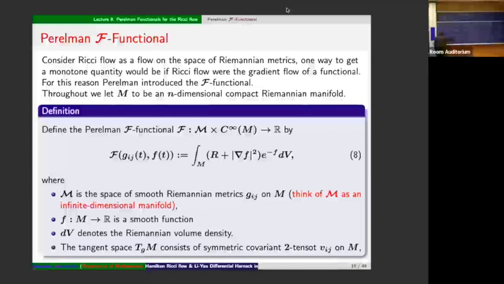Suppose u now solves the heat equation. What does this imply? If u solves the heat equation, that means u_t is Laplacian of u. Then this energy derivative will give you a negative of a positive quantity, right?